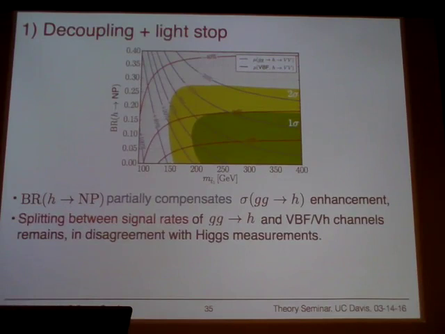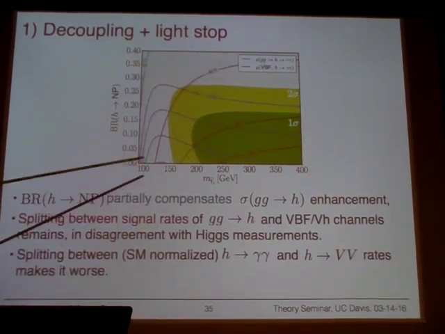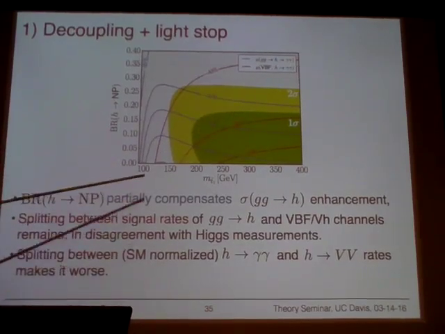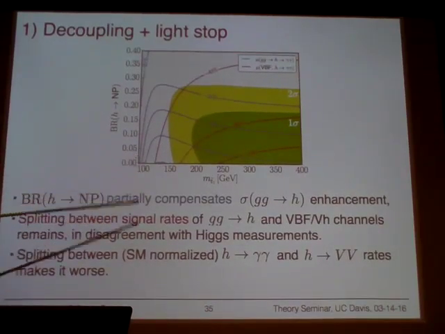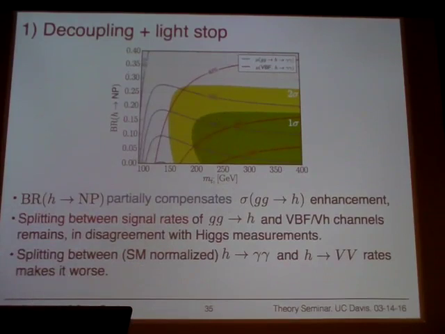Actually, in this particular case there's also a splitting from the gamma-gamma mode, where the stop has its contributions. In this case it gives a negative contribution to gamma-gamma, so this is very tiny, and this makes the fit even worse.